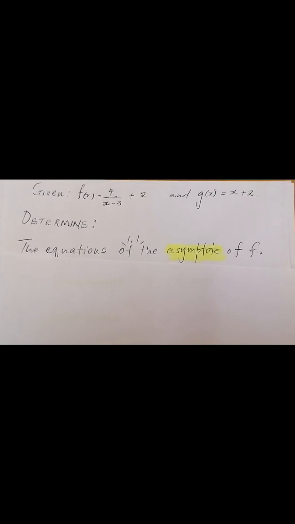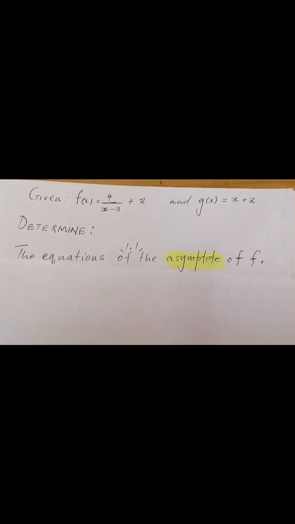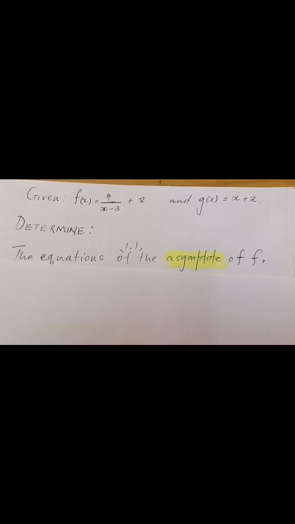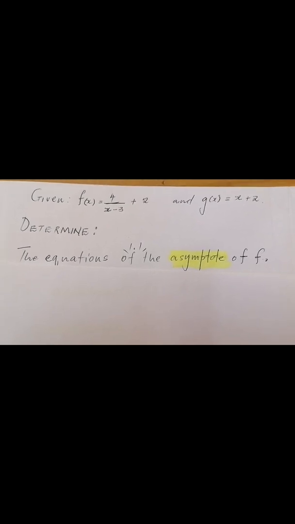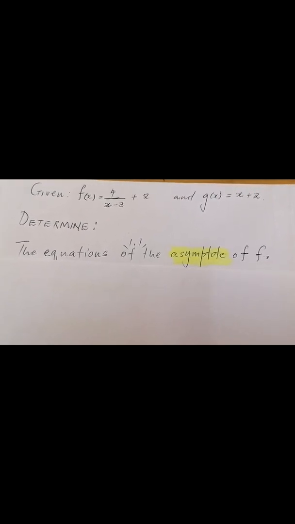It becomes an asymptote because x is not supposed to be equal to 3. If x is equal to 3, then the equation of f would be undefined.